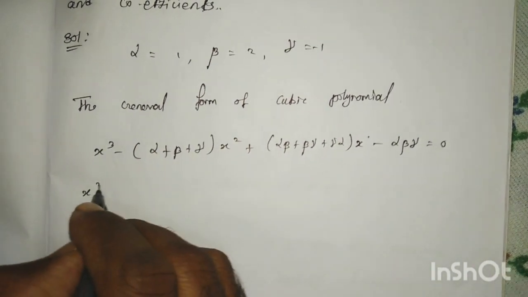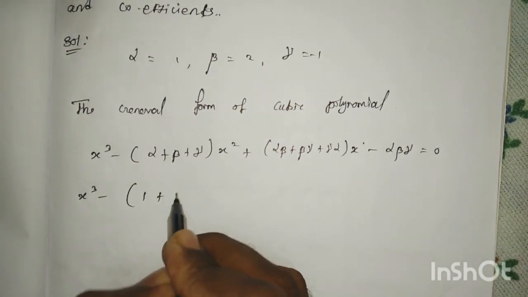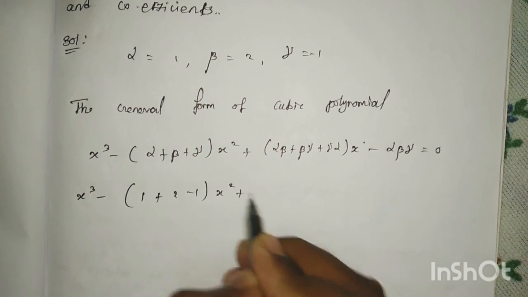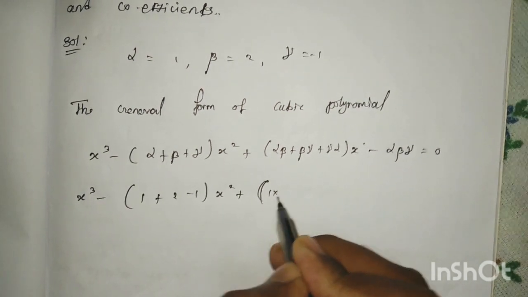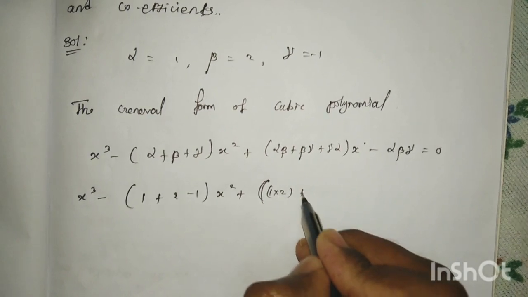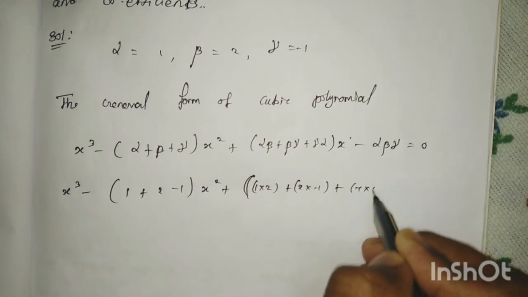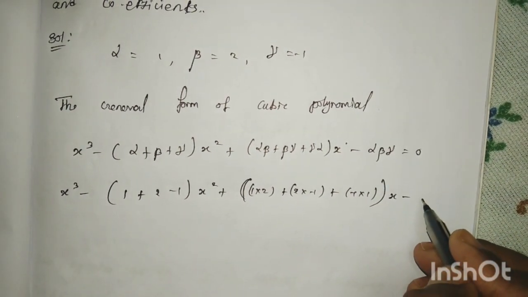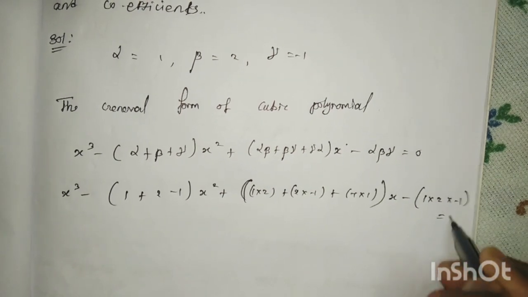So first, x cube minus, alpha value 1, beta value 2, gamma value minus 1, so minus 1, the whole x square, plus alpha beta, that is 1 into 2 plus 2 into minus 1 plus minus 1 into plus 1, the whole x, minus 1 into 2 into minus 1, equal to 0.